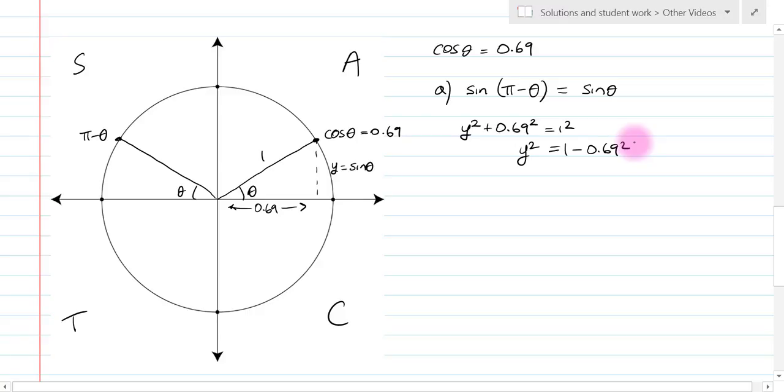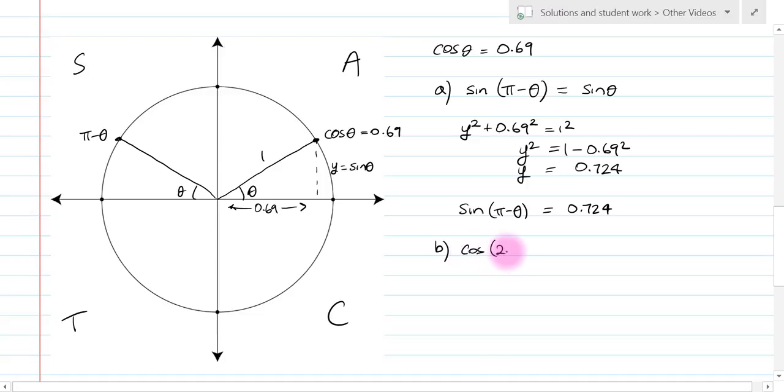And if you quickly want to grab a calculator and check that you get a similar answer to me, I get y is equal to 0.724. And so sine of pi minus theta is equal to 0.724.